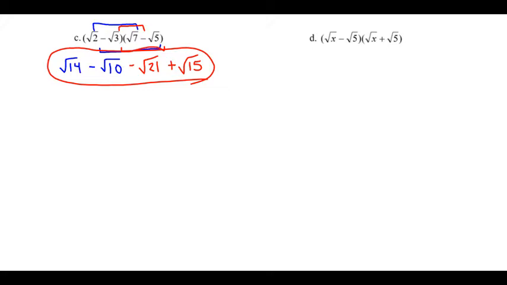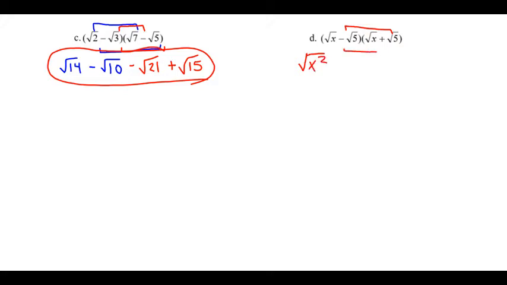All right, and then for D, we are going to do the square root of x times the square root of x, which will give me the square root of x squared. That doesn't look good. Let me fix that for us. So it is the square root of x squared.